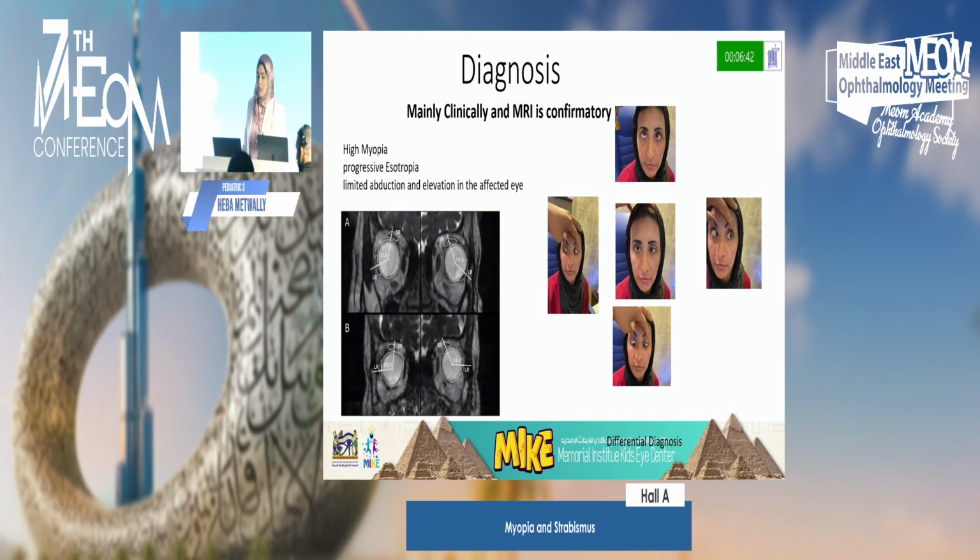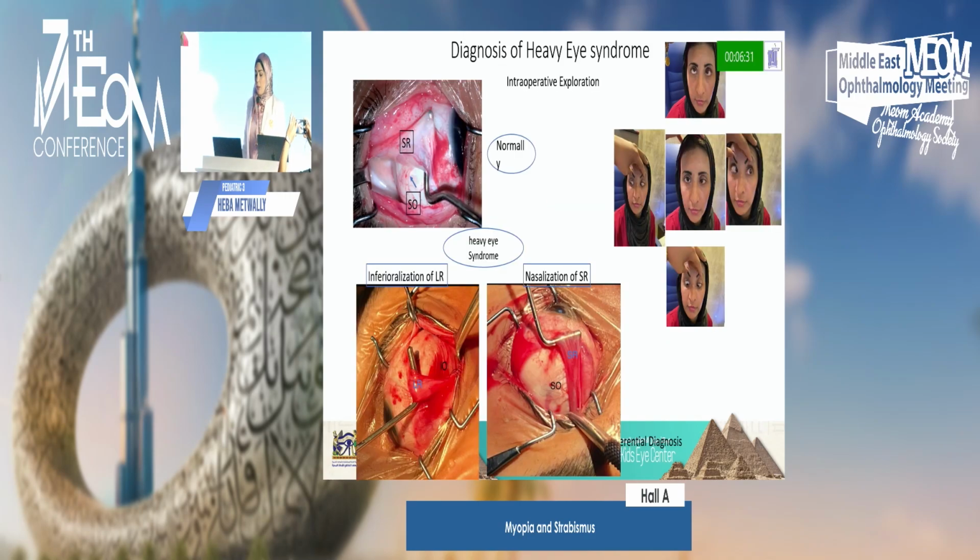The previous things are already well known, and I think the diagnosis is mainly clinical, as I just mentioned, and MRI is confirmatory. But in cases where you suspect myopic heavy eye syndrome, by intraoperative exploration you might find the deviation or displacement of the superior rectus and lateral rectus.